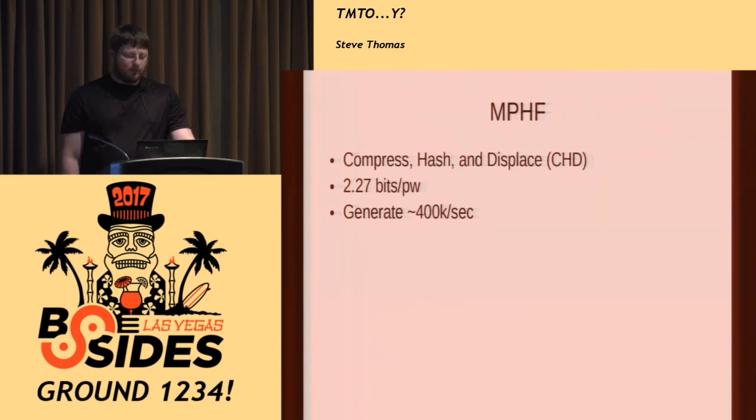You can adjust the amount of cost, but for 2.3 bits per password, it gives you an exact range. So exactly one password range ID, so you only have to brute force that one range. But it's a little slow to generate these. It's 400,000 per second to build the minimal perfect hash function, on a quad core.